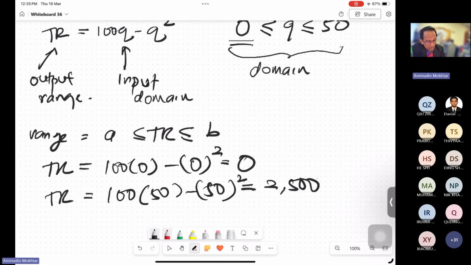So we can rewrite the range: TR must be between 0 and 2,500 if the maximum value of quantity is 50. That's how to find the range, how to apply mathematics in an economic equation.